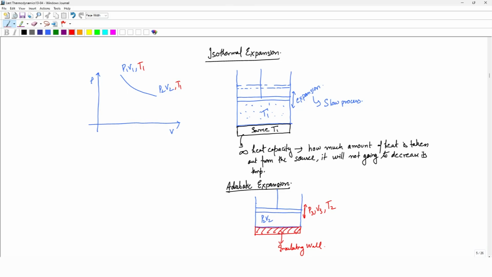Okay, so there is an adiabatic expansion, and on the curve it looks like this. I think I will make it separately.